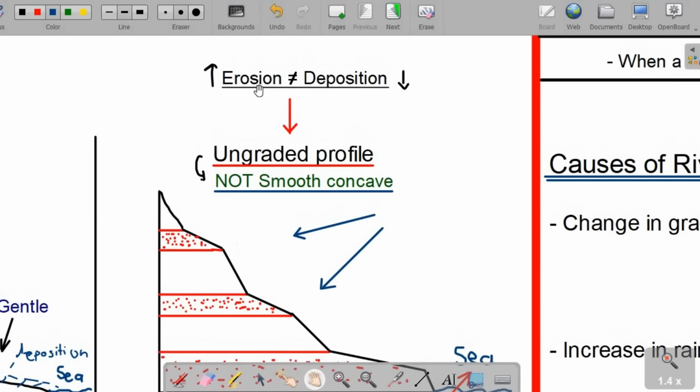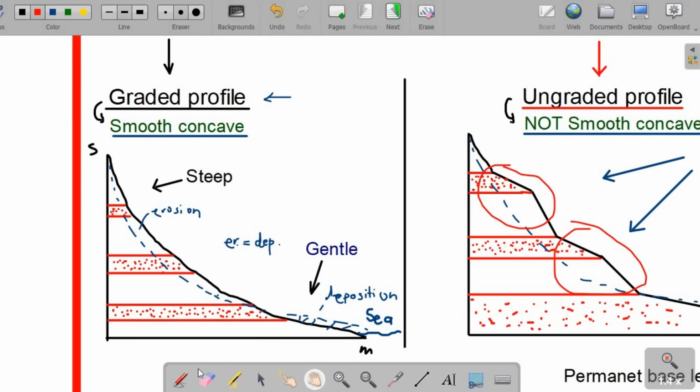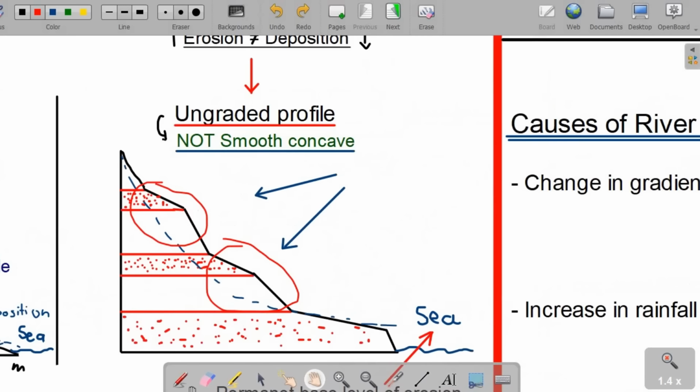It has these sharp changes in the gradient along the river profile. As you can see, these are sort of like obstructions that prevent the river profile from being smooth concave. So instead of just being smooth concave like that, it has these obstructions, which are your sharp changes, and those actually have a term, and we call them nick points.